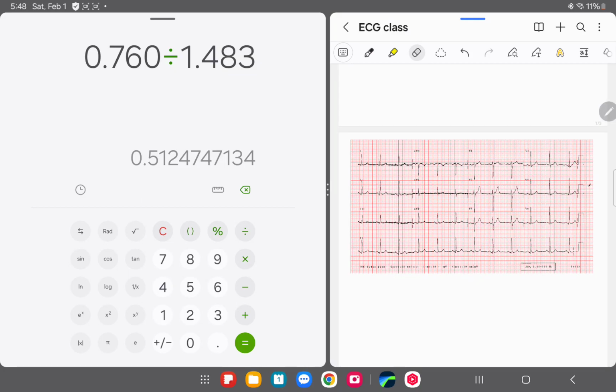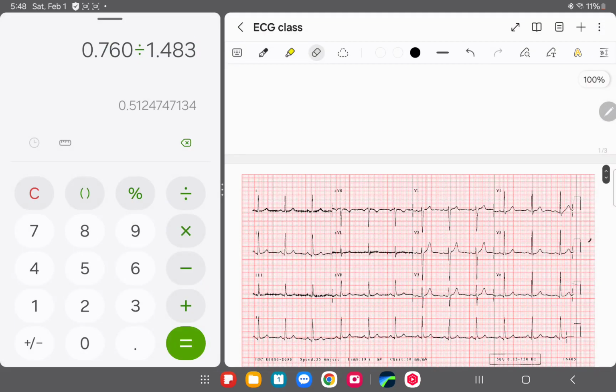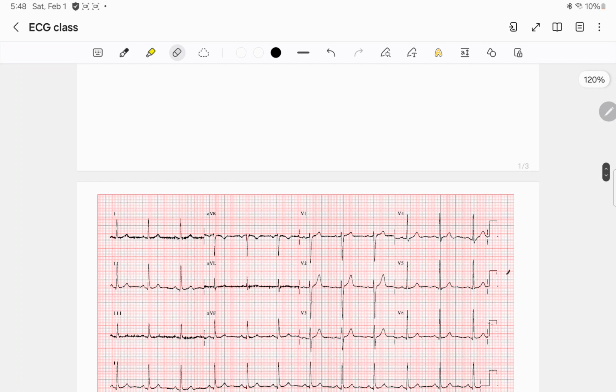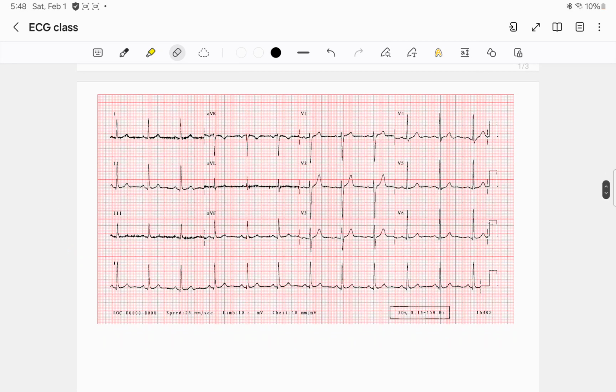There's one trick that I'd like to teach you that you can use to estimate whether the QT is prolonged or normal just by looking at the ECG.